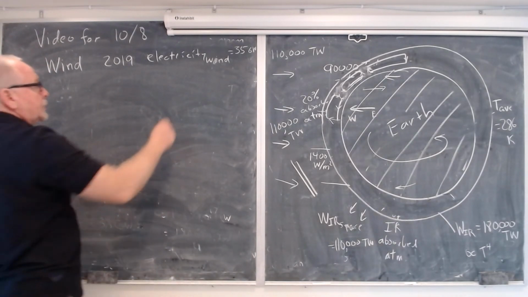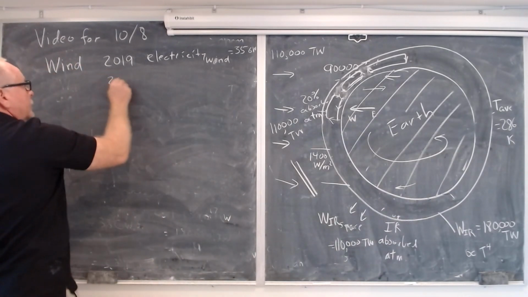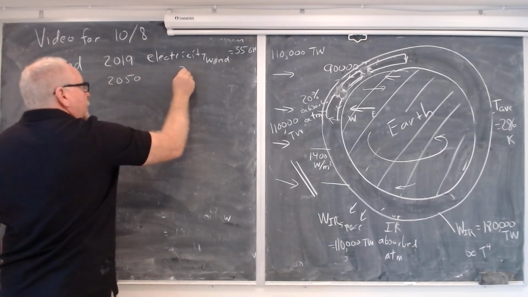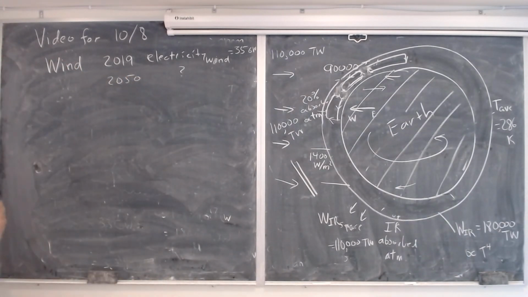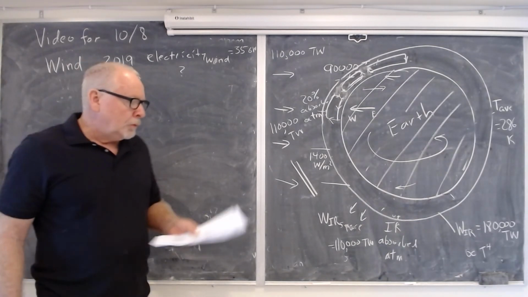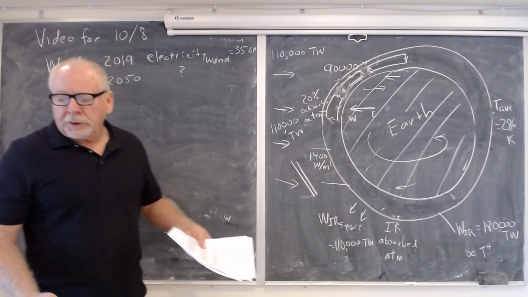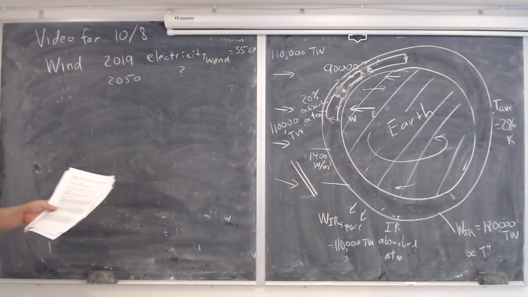And the question is, okay, 2050, what? That question has several ways of answering it. One way is you can just think, okay, how many more windmills can I put up? And you go from there.